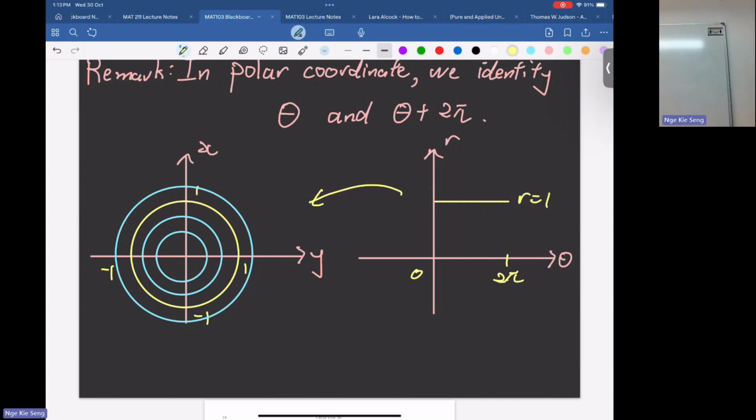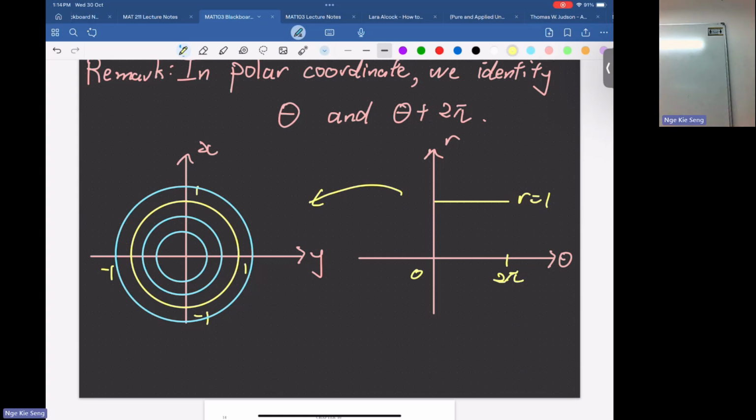How do you do it? How much of this r theta plane? Any idea? Do you know what I am asking or not?